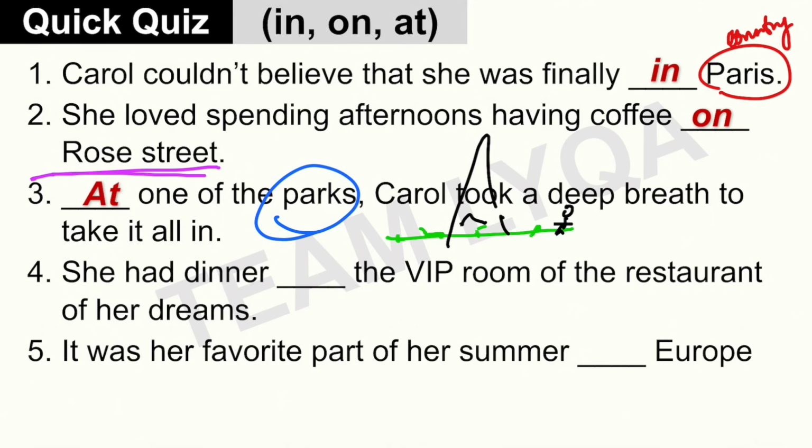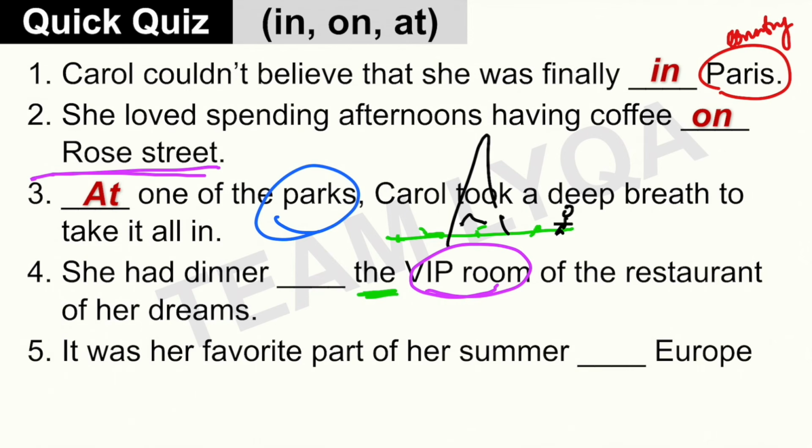Okay? Now, next, sabi, she had dinner blank the VIP room of the restaurant of her dreams. Now, dito na, merong the. So, again, the question would be in ano ba to? In the or at the? Dito magkakatalo, sabi VIP room. Now, kung sinabi mo na at the VIP room, dapat hindi specific yung lugar na VIP room. Kasi general vicinity na pinag-uusapan.